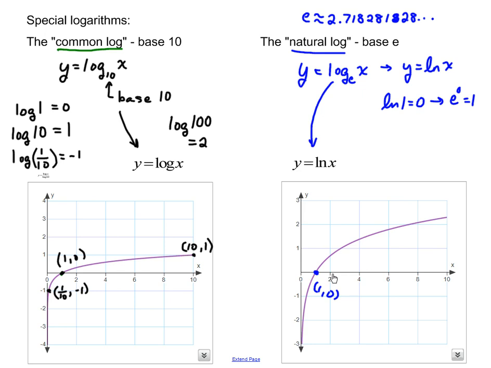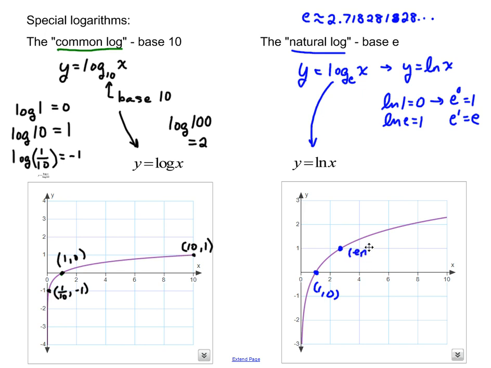This is the kind of function that when x is equal to e, y is equal to 1. In other words, this graph passes through the point where natural log of e is equal to 1, and that's because e to the first is equal to itself. So this graph passes through the point (e, 1) right over here.